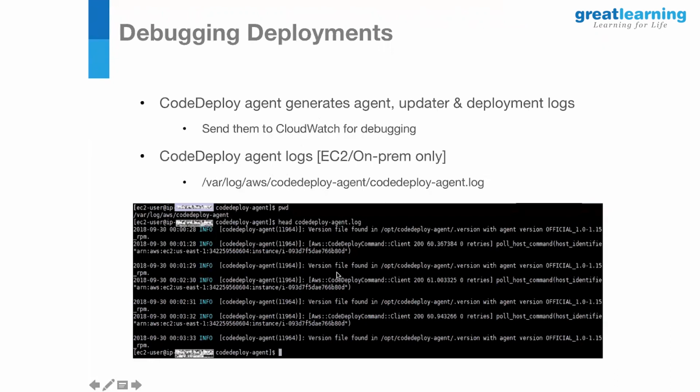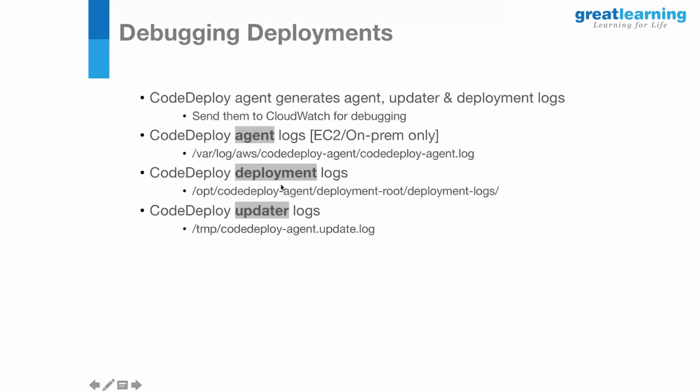And the deployment log. This contains your standard output or standard error and information specific to user-defined scripts that run during the deployment. For example, in case of our web application deployment, we need Tomcat and Java to be up and running on this system for our web application to be deployed.